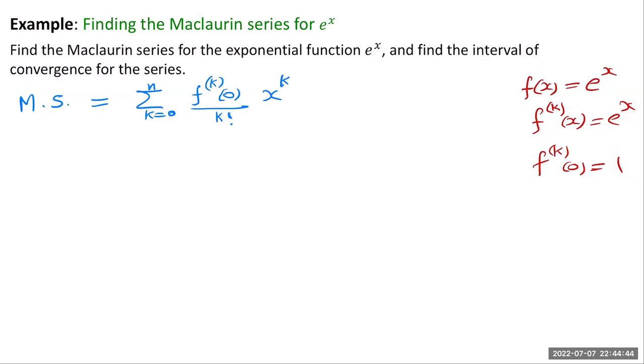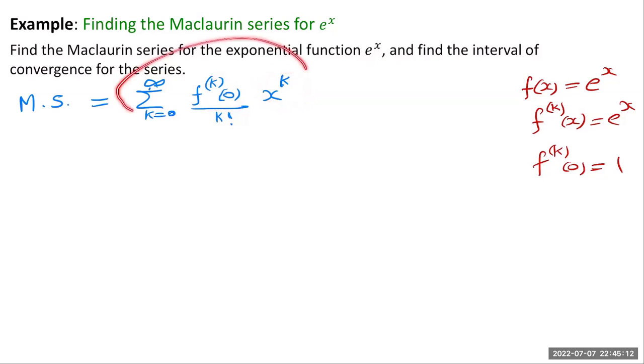The Maclaurin series is the sum over k from 0 to infinity of f^(k) of 0 divided by k factorial times x to the power k.